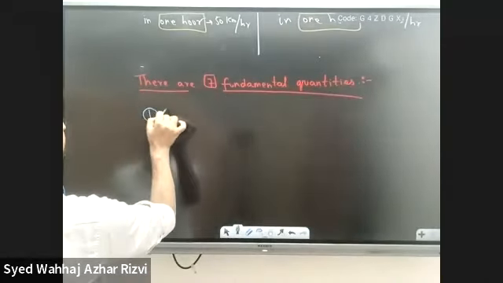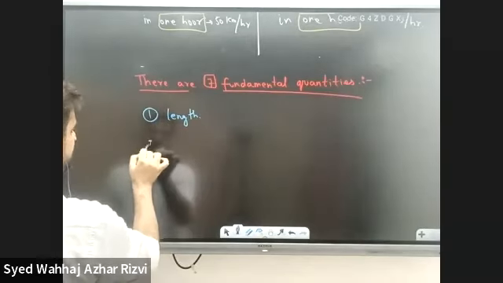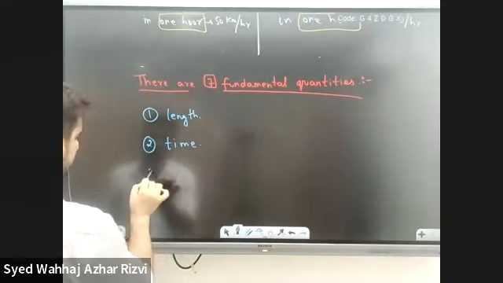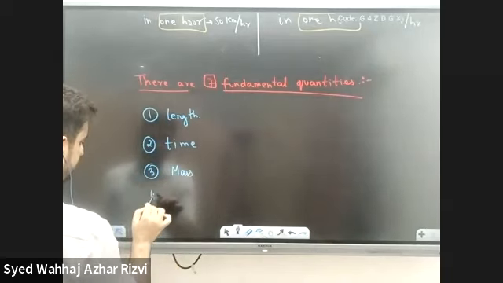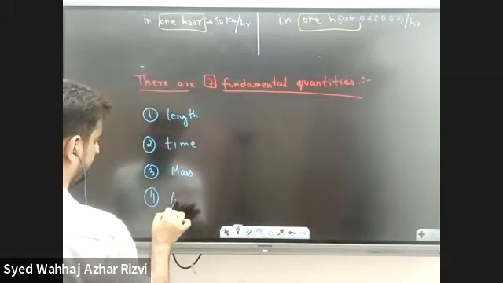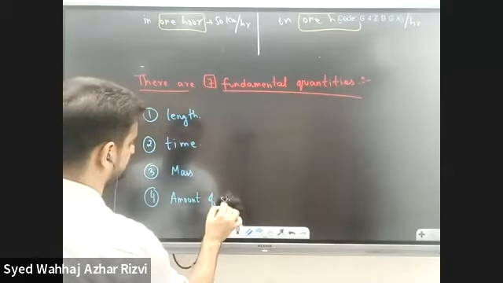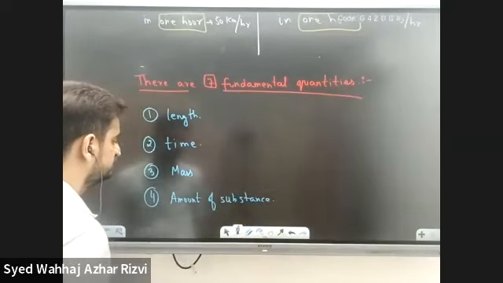The first one is length. The second one is time. The third one is mass. The fourth one is amount of substance.